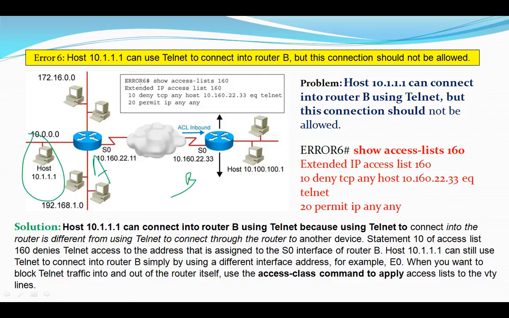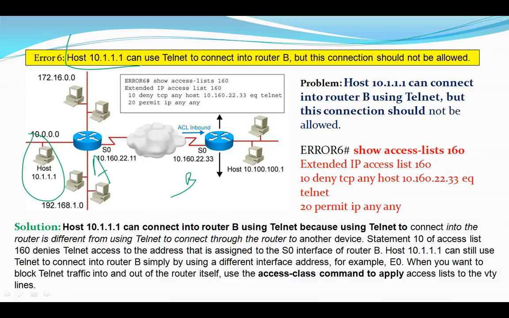By mistake I made this configuration. The access list, which I'm trying to troubleshoot, has statement 10, deny TCP any host, equivalent to telnet, and permit IP any. So this is the current configuration I have. Now I have to investigate. This is the situation, and this is the requirement.